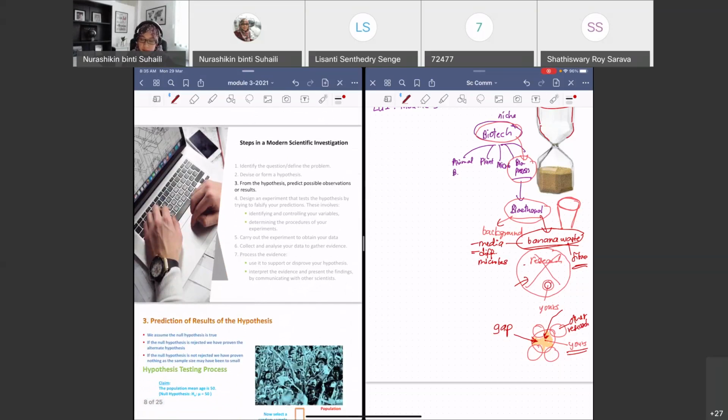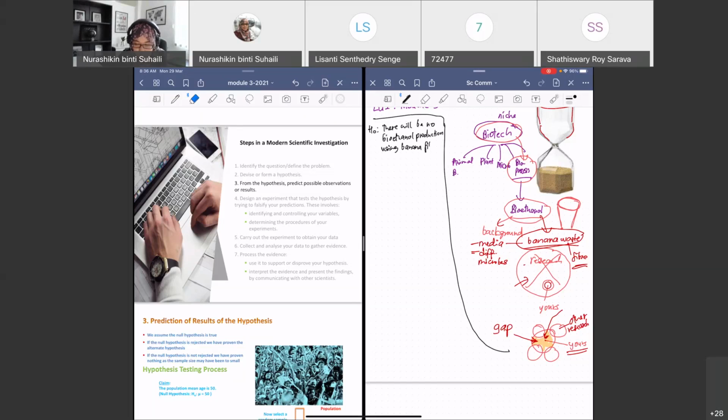Right. So the third step: from the hypothesis, you will predict possible observations or results. In the case of bioethanol from banana waste just now, let's put the hypotheses over here. The null hypothesis means that there will be no bioethanol production using banana fiber.